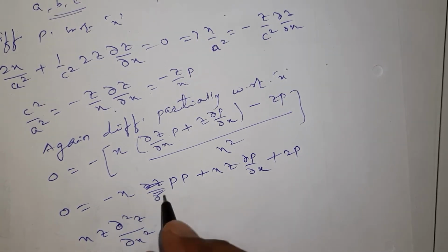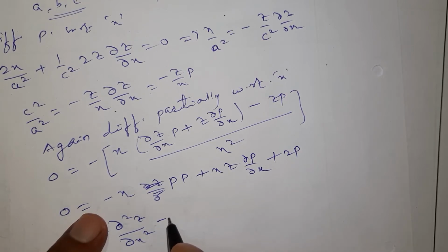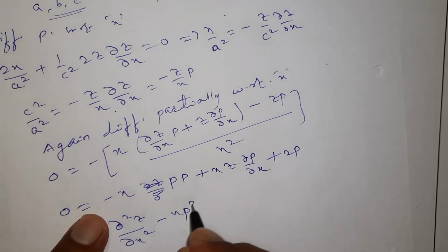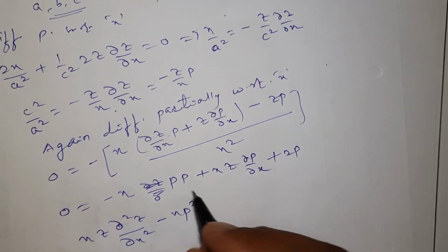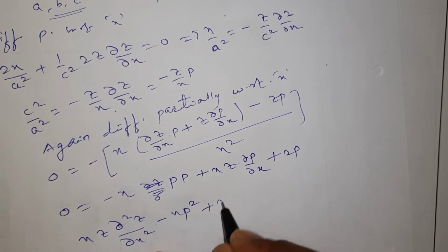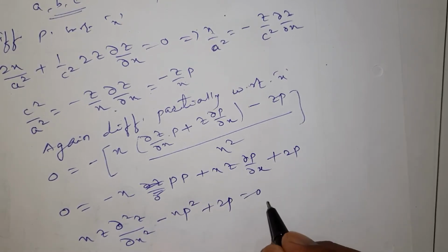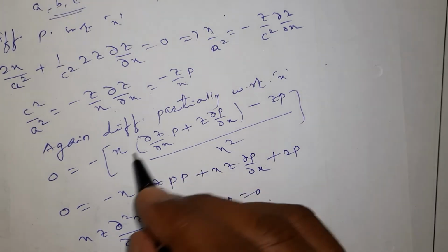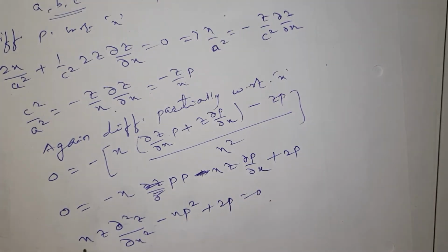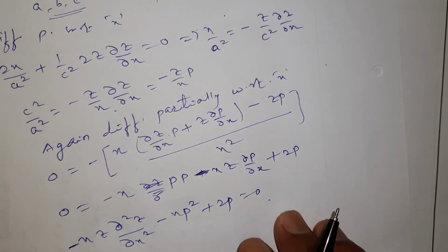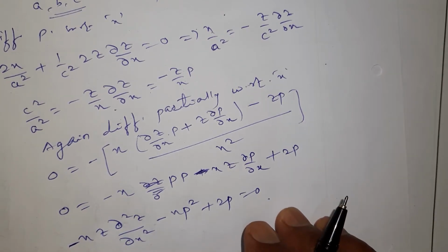Then here, minus xp square, plus 2p is equal to 0, right? Or I get this minus sign on both, or you may take the minus sign common and cancel. So we get the answer. Solve one more example.